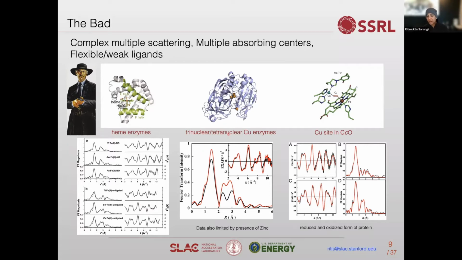Then there are these trinuclear and tetranuclear copper enzymes, which essentially give you an average spectrum, and then you have to tease out the information that you want about one particular copper there. And then I've also thrown in cytochrome c oxidase in this because there are loading issues. In proteins, you can have partially loaded copper sites, and that would really mess up your EXAFS data, and you have to be careful about the analysis that you're doing.